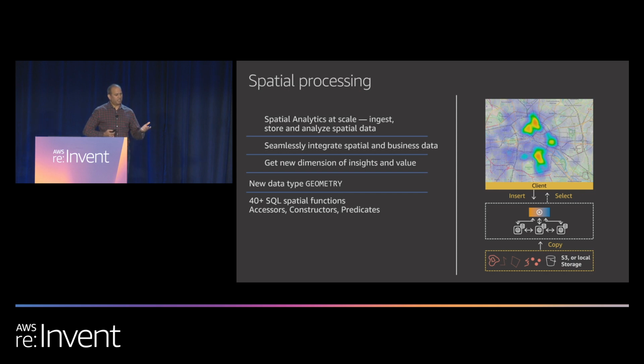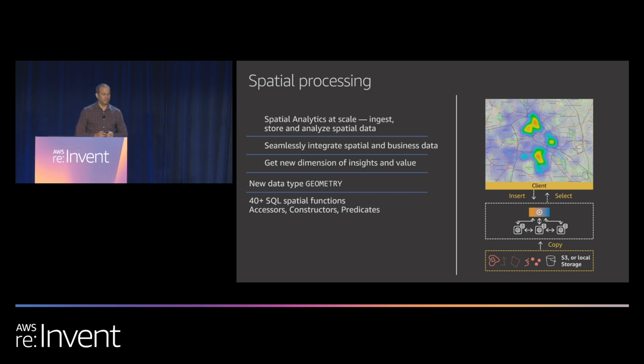Redshift now supports a new data type called geometry that has further subtypes like points or polygons. Using that, you can run queries to figure out whether a point is within a polygon or not. Or, for example, the chart that you see here shows the density of Airbnb listings in Berlin. So this allows you to do a heat map on a map.